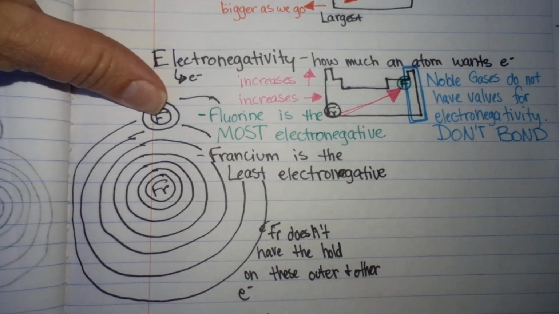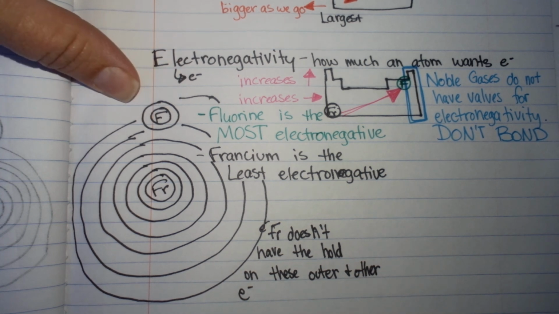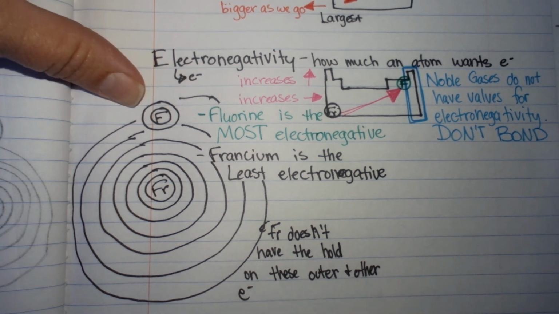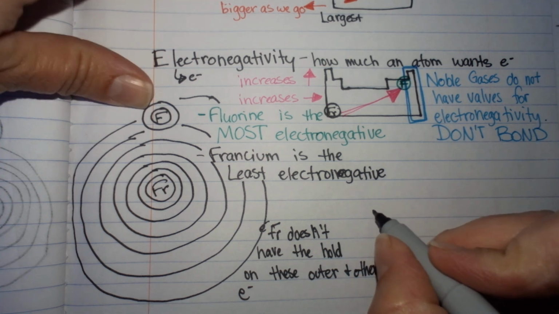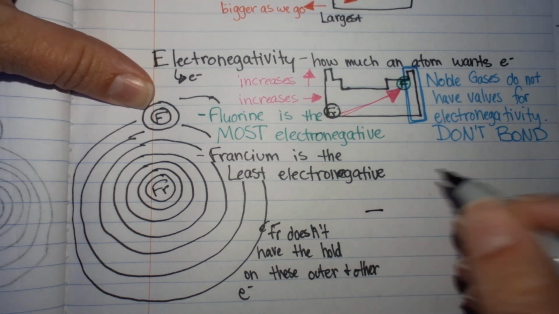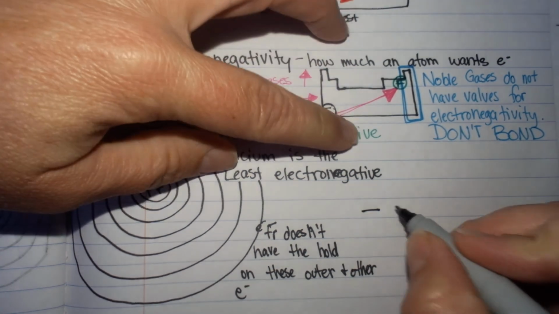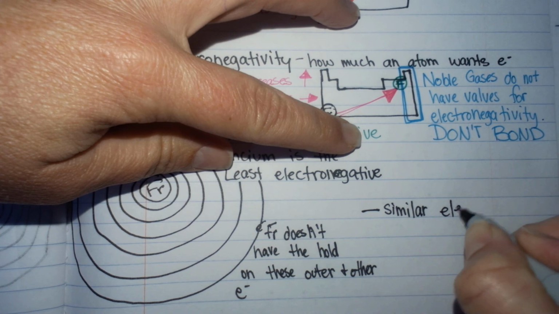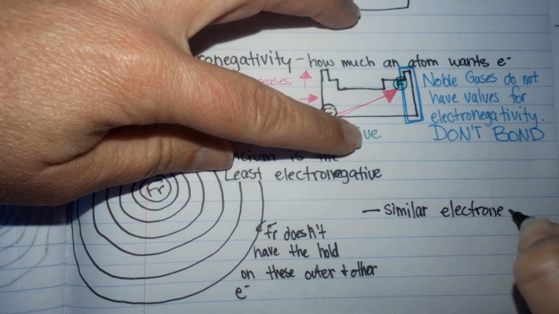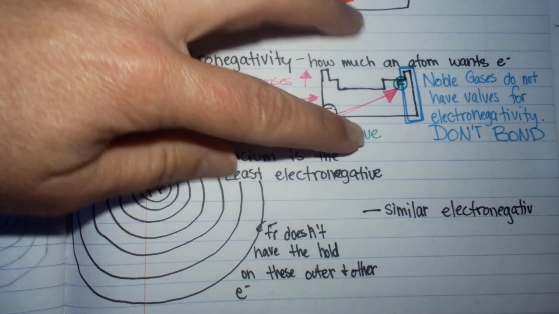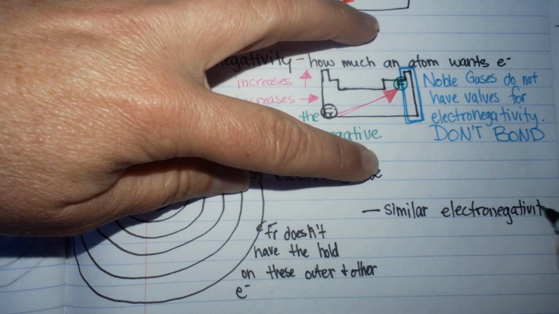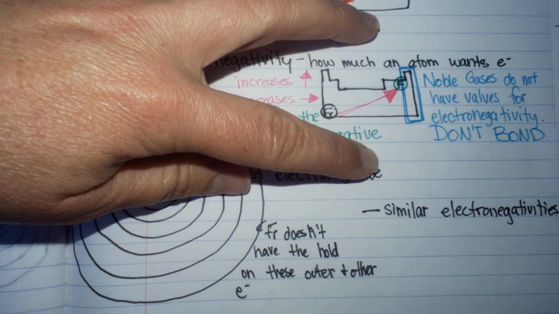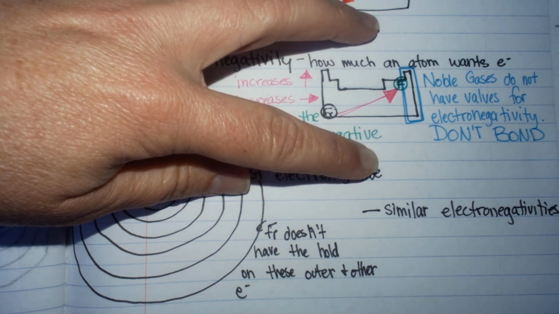Alright, so there's a couple of bonus features that we need to think about for electronegativity. I know, bonus questions and bonus features, they should be fun, right? But one of the bonus features is similar electronegativities, so atoms with similar electronegativities. And we're going to say this right now, and then we will come back to it in gross detail later on.